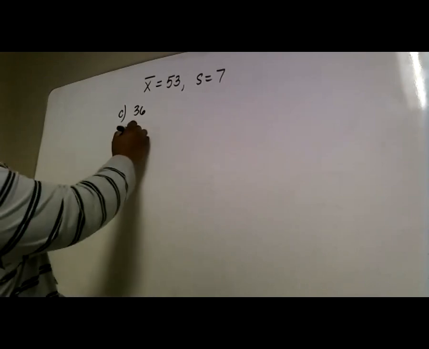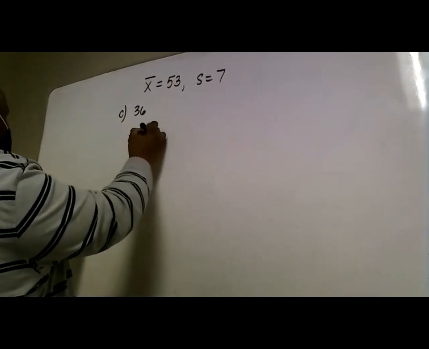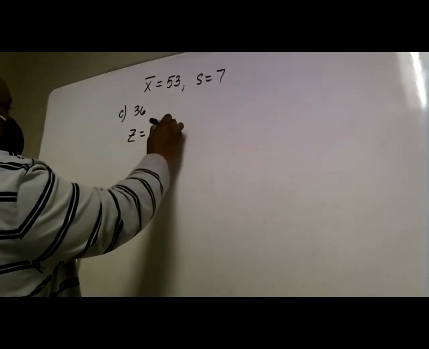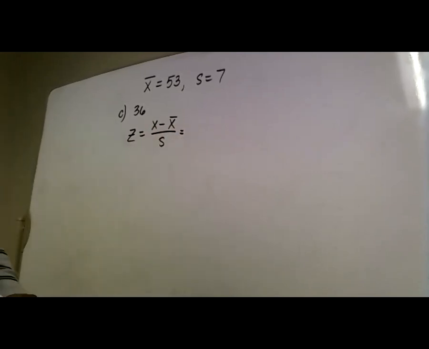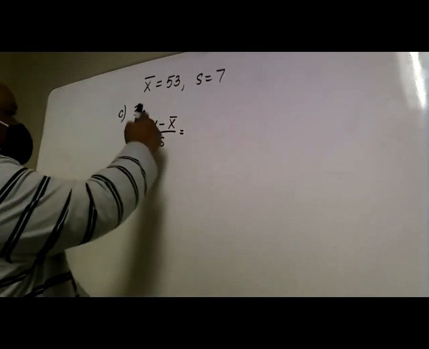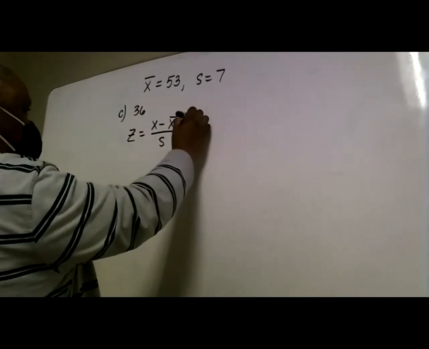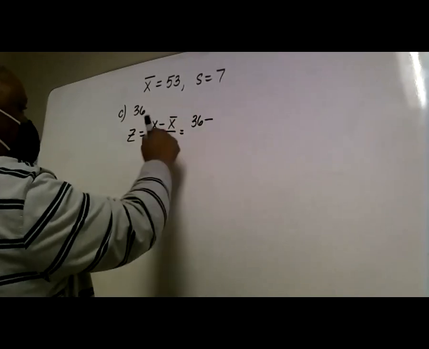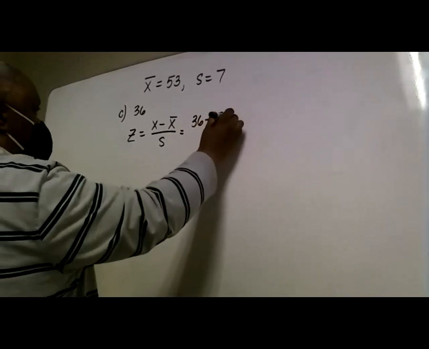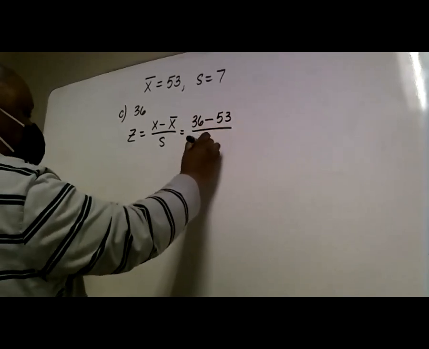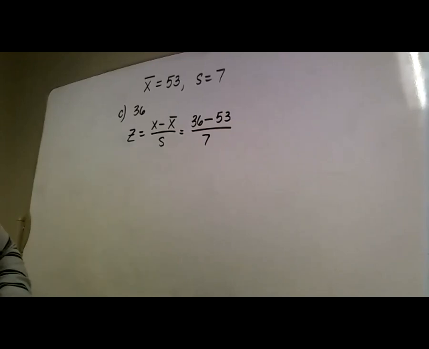To find that out, we do z equals x minus x bar divided by s, and substitute into this formula. Here x is the data value itself, 36, minus x bar, the mean, 53, divided by s, the standard deviation, which is 7.